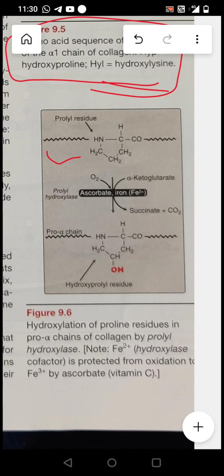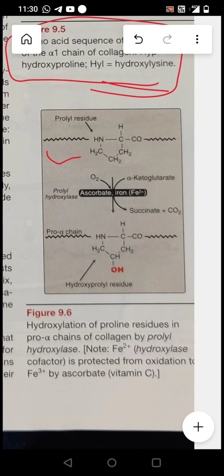So if vitamin C becomes less, what happens? Hydroxylase becomes oxidized, so hydroxylase will not be present. If hydroxylase is not present, proline hydroxylase does not work. If proline hydroxylase does not work, hydroxyproline is not formed.